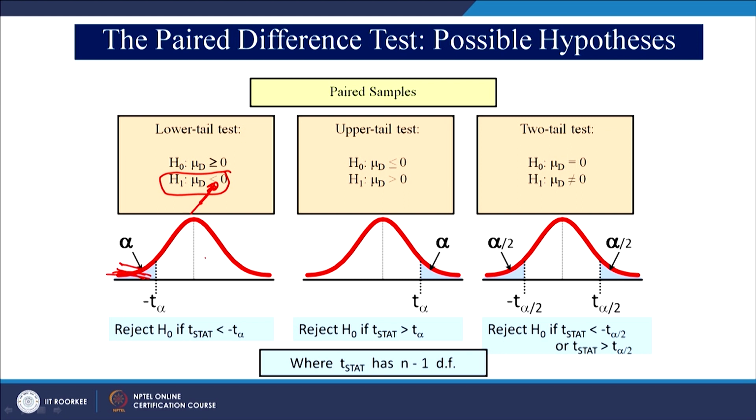This is your rejection region, this is the acceptance region or non rejection region, right. This is an upper tail test, right. This is your rejection region, and this is a two tail test case, right. So, there are two rejection regions, right. So, you need to again compare the calculated t value with the critical table value, right.